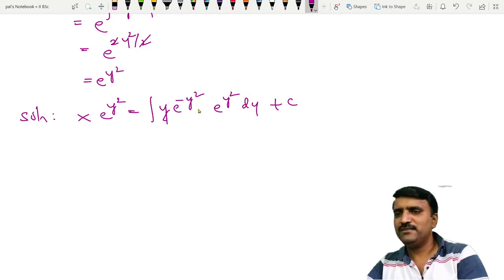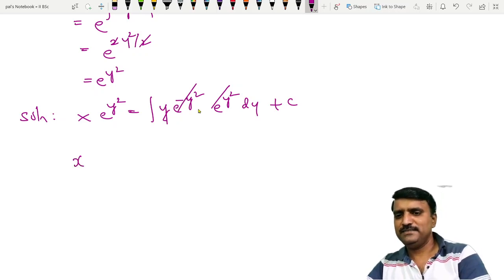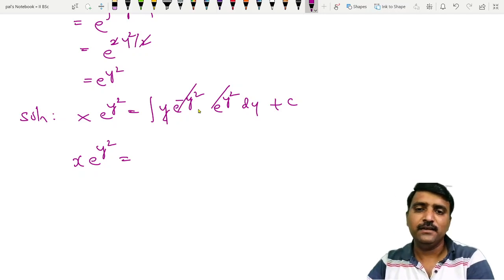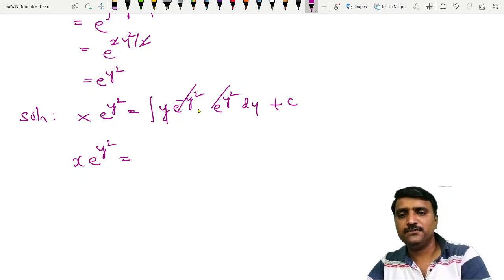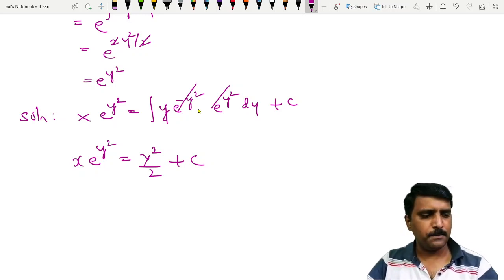Here e to the power of minus y square cancelled with e to the power of plus y square. So now x into e to the power of y square is equal to what is remaining here? Only y. What is the integration of y? Integration of y is y square by 2 plus c. So this is the solution of the given differential equation.